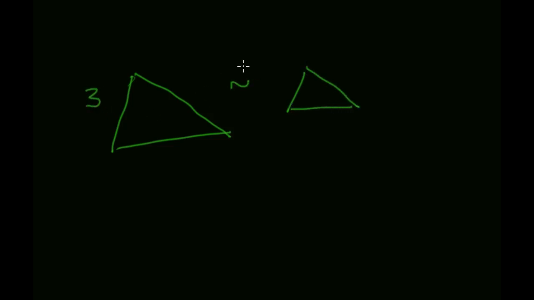Okay, so this little piece basically says that if I have two triangles and they are similar, and let's say they have a scale factor of 3 to 2, this means everything on this side I would multiply by 3, everything on this side I'd multiply by 2, and I'd get the correct scale factor.